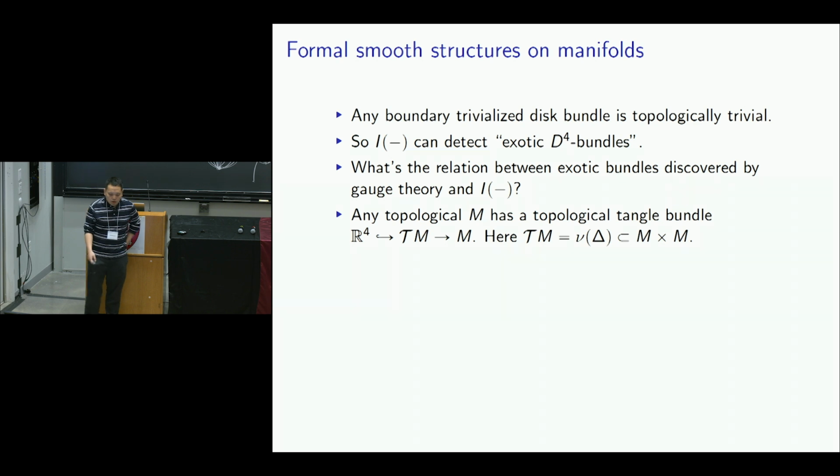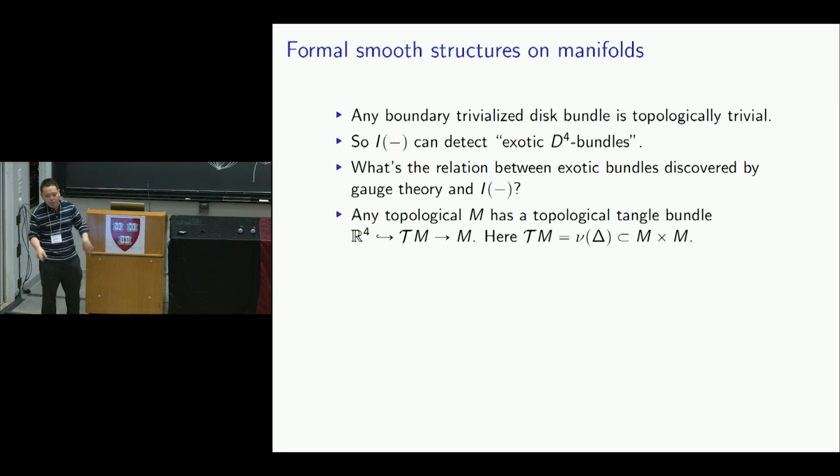Okay, so let's consider a topological manifold. Such a manifold always has a topological tangent bundle, which is a fiber bundle with fiber 4-dimensional Euclidean space. You can obtain this by considering a suitable tubular neighborhood of the diagonal in the product. Here, in order to get an actual topological fiber bundle instead of a microbundle, you need to use the Kister-Mazur theorem.